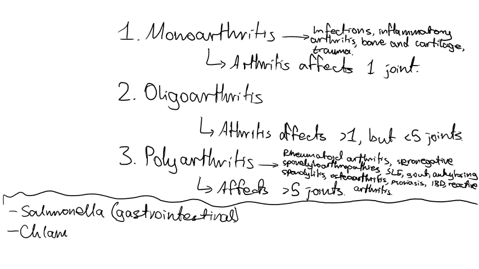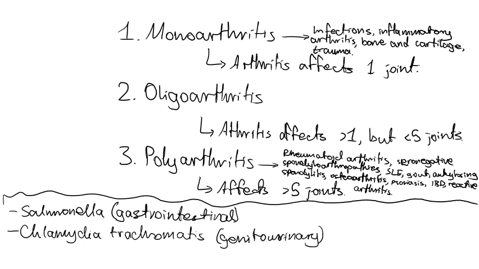Chlamydia trachomatis, and obviously this is a genitourinary infection, and it can cause septic arthritis or reactive arthritis, because if this particular bug is present within the genitourinary tract and the infection is cleared, but the immune system goes into overdrive and attacks the joints, that's what reactive arthritis is.